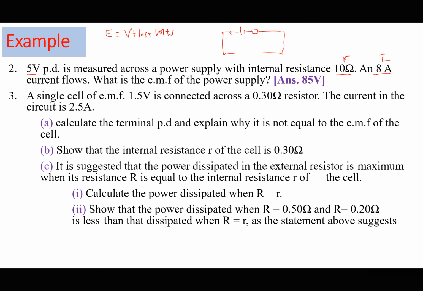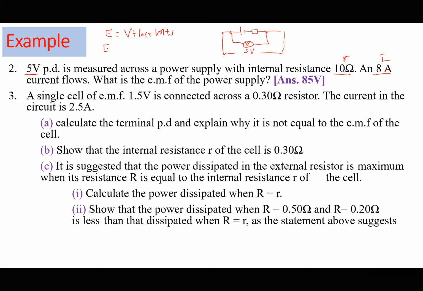So they have measured the PD across the terminals to be 5 volts. And remember, if there is a current flowing, then what is measured is the terminal PD. So V is 5 volts. And the current of 8 amperes is being supplied.